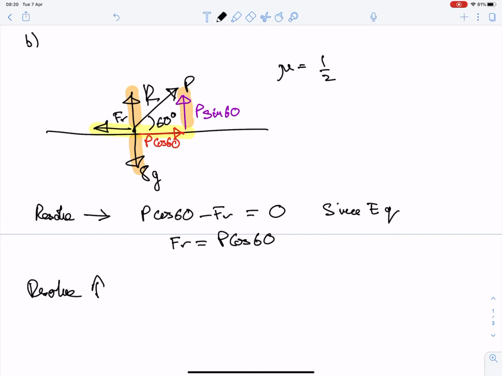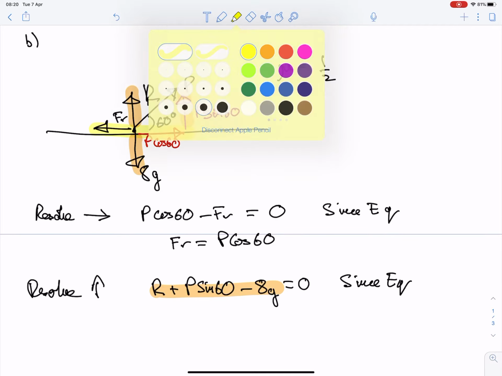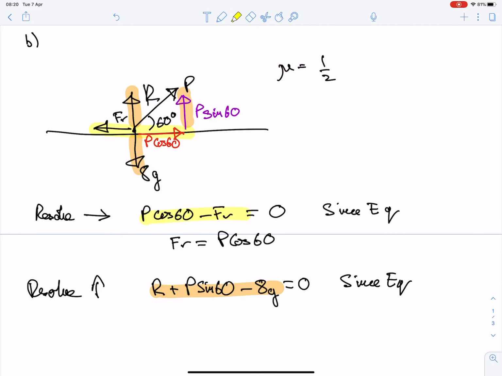So vertically we've got R plus P sine of 60 minus 8g equals 0, since it's equilibrium. So they were our vertical components, and that was our horizontal components.